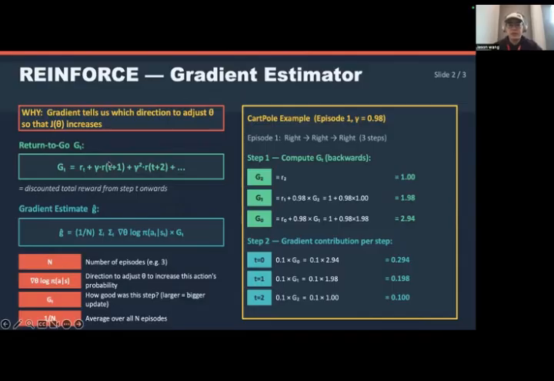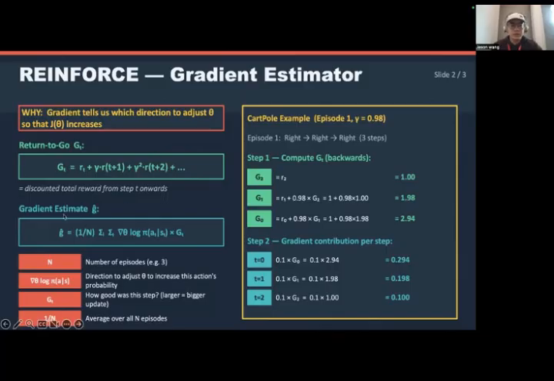The formula is like this. In plain terms, it is how much discounted total reward we can still get from this step onwards. The larger G sub t is, the better the performance after this step.